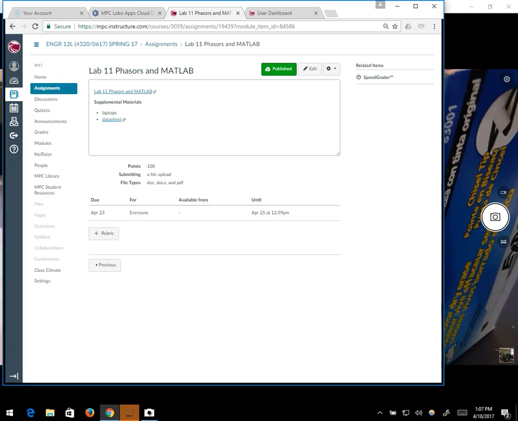We're gonna play around with complex numbers. Test 4, which is not this Friday, but in 4 weeks, is going to involve a lot of complex numbers.